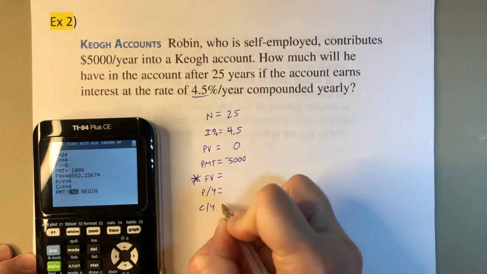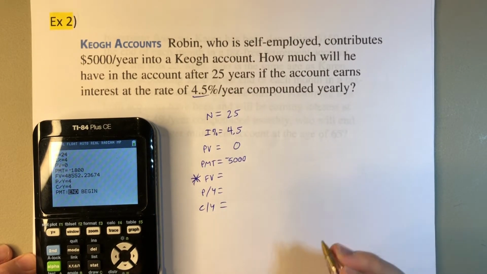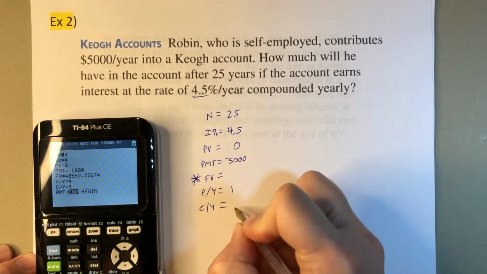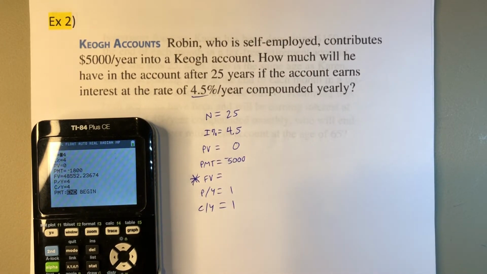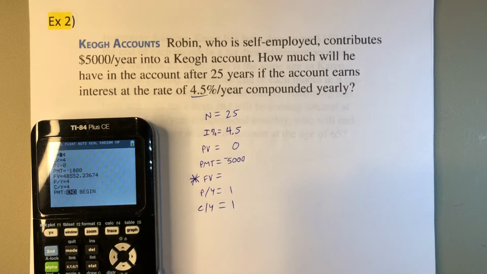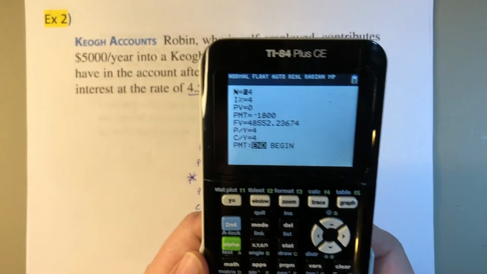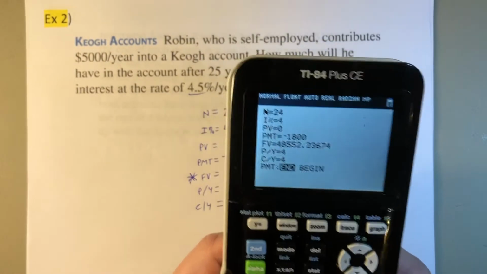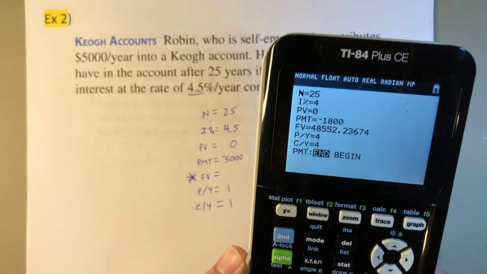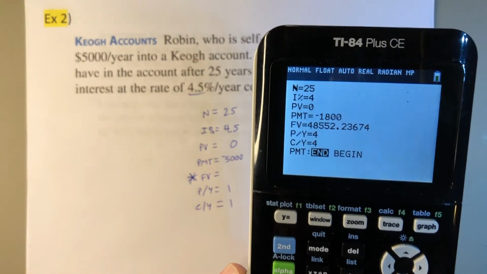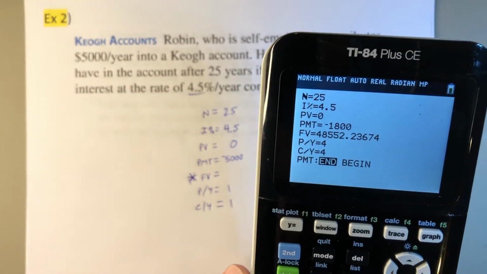And these last two are going to be the same. It's compounded yearly. So what does that mean? Compounded yearly, that's just once per year. Payment 1 time per year, compounded yearly. So all I have to do now is use this application. N's 25, enter in 25. I is 4.5.